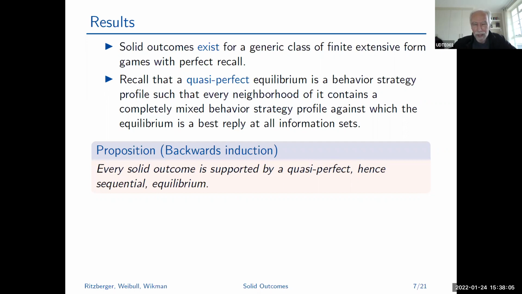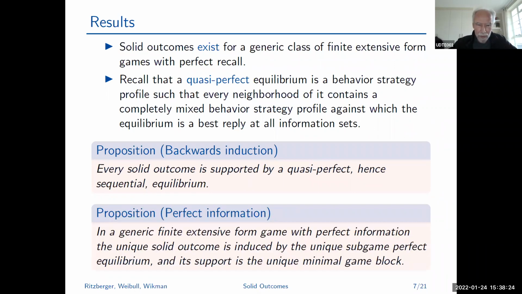There are, of course, other tests for backwards induction or consistency with backwards induction. For instance, one quite informative test is often to see what this concept does on perfect information games, or generic perfect information games. This is what the next proposition does. So we look at a generic finite extensive form game with perfect information. And then for this class of games, there's always a unique solid outcome.